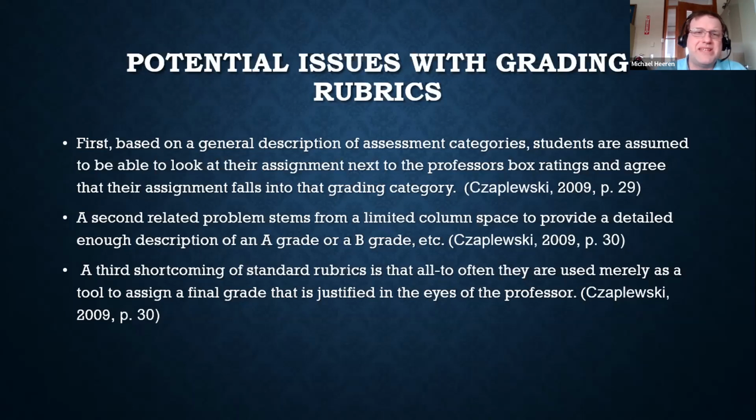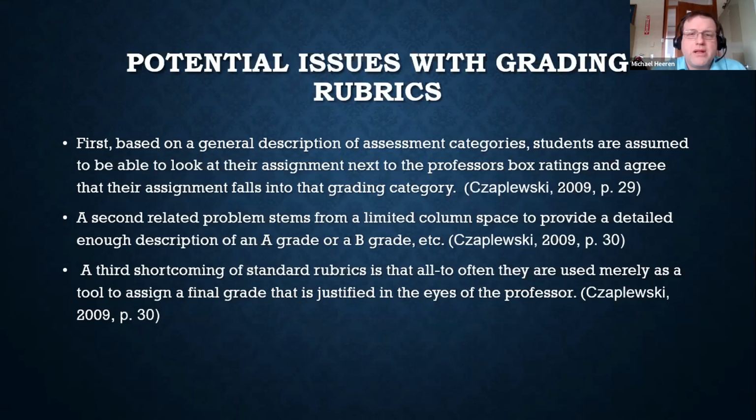Students are assumed to be able to look at their assignment next to the professor's box ratings and agree that their assignment falls into that category. If it's too general, students may not see it in the same light that you have, especially if you're using a rubric over multiple assignments as opposed to a specific assignment.